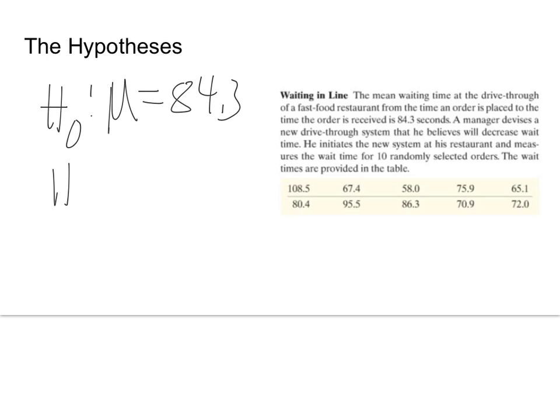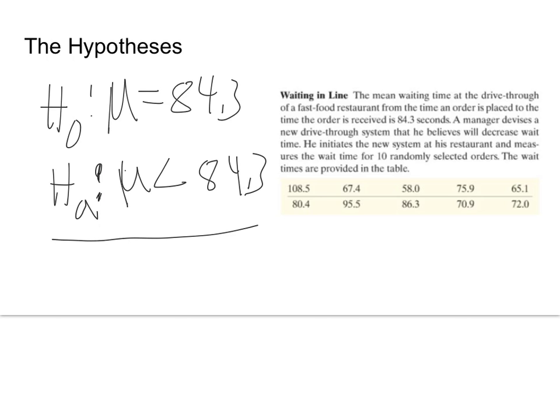And then I'm going to go with a claim here, and again, I might get the wrong direction on my p-value, and that's something I'll have to check and see. So I think we'll go with HA as being the claim, the manager's claim that it's actually decreased the average wait time. And this is the claim.